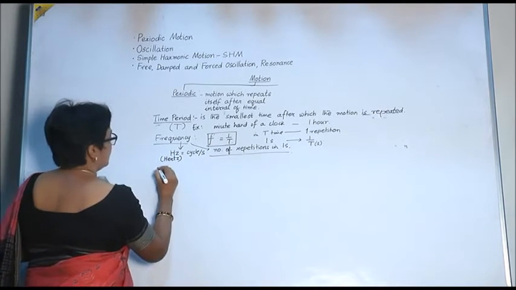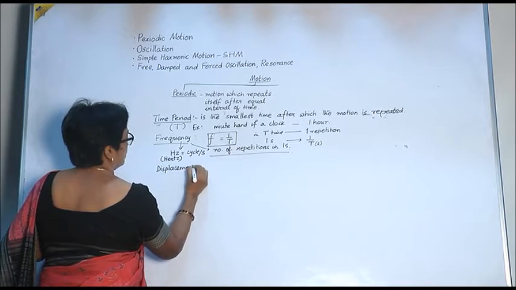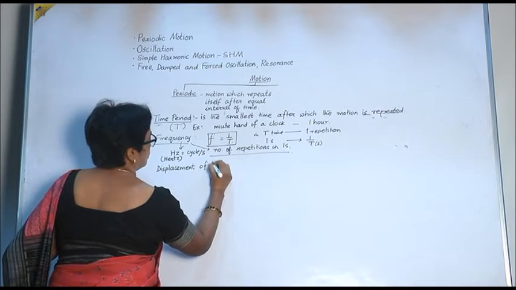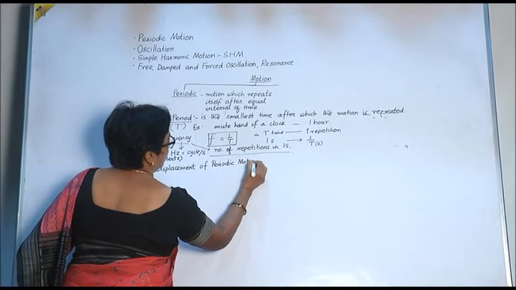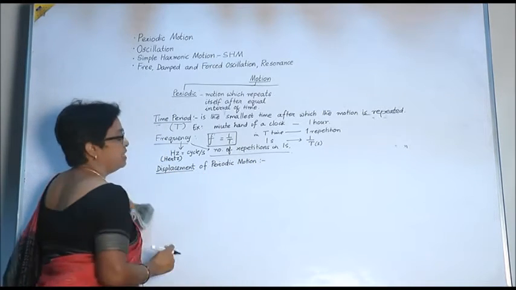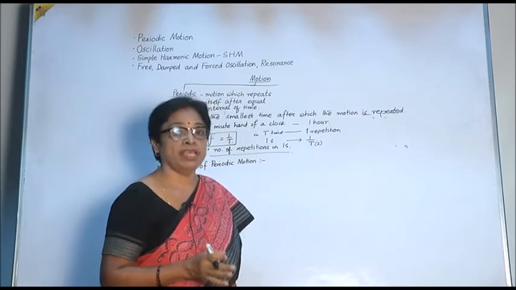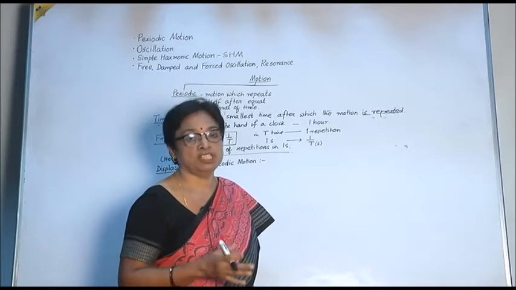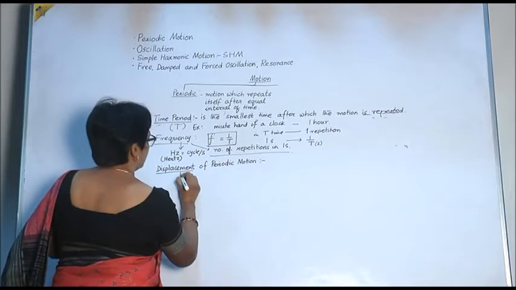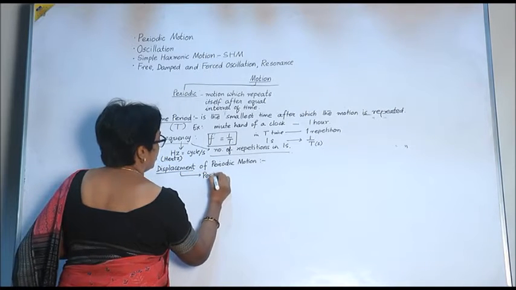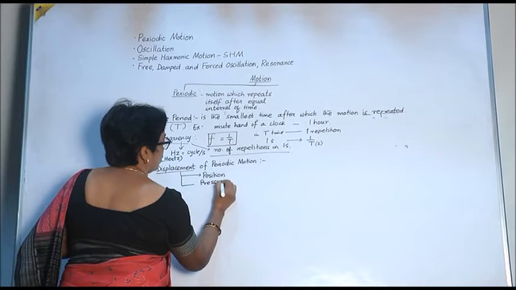And it can be represented, the displacement of this periodic motion. See, when we say displacement, it is not necessary that it is only position displacement. It refers to any quantity whose variation is causing that periodic motion. The displacement may be position displacement, it can be pressure variation, like in the case of a sound wave.